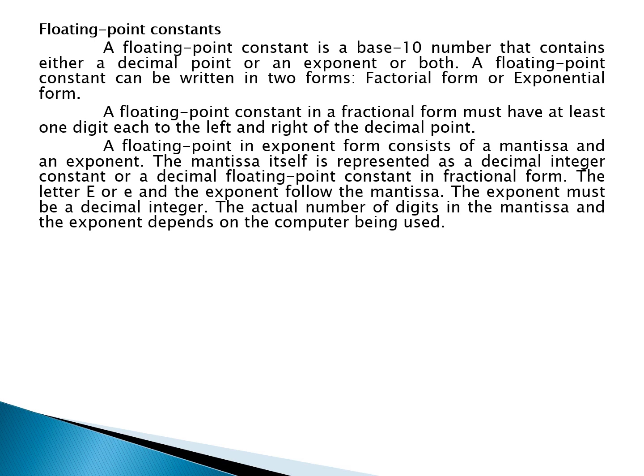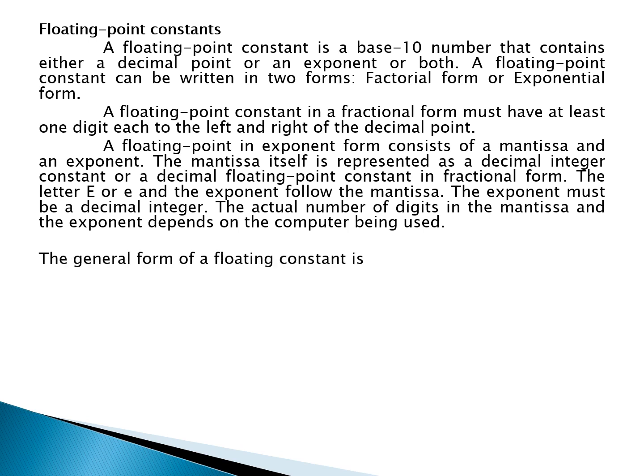The letter E, either uppercase or lowercase, and the exponent follow the mantissa. The exponent must be a decimal integer. The actual number of digits in mantissa and exponent depends upon the computer being used.